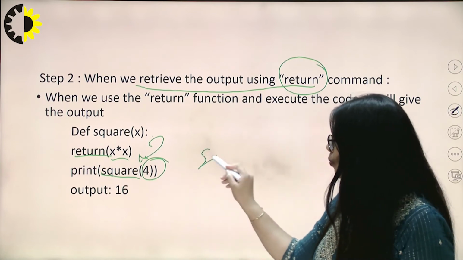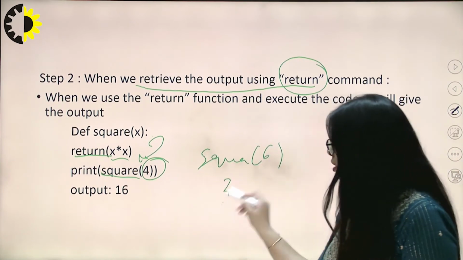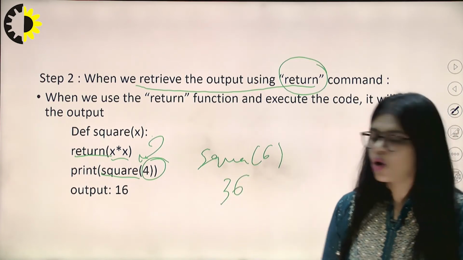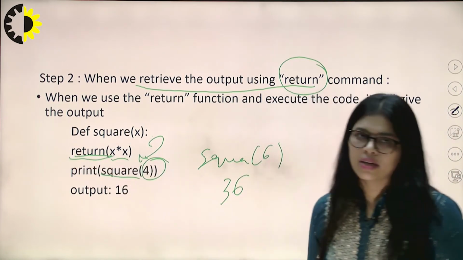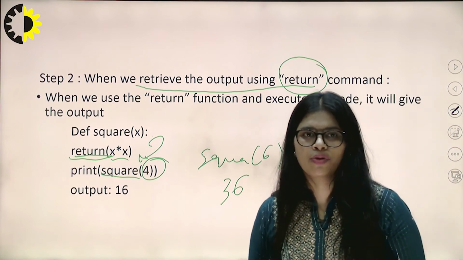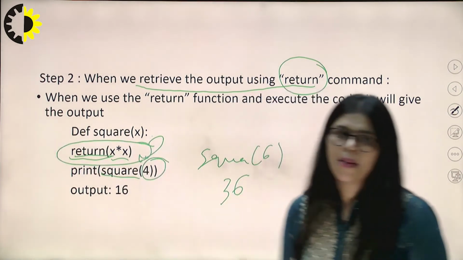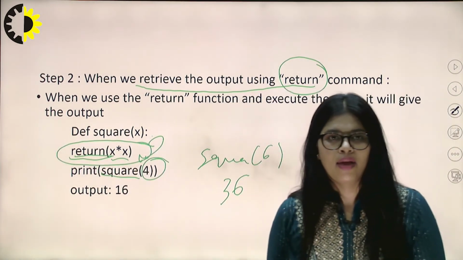Like if I want to print the square of 6, the output will be 36. Because we use return of x, it will directly return the value we use. So the use of return is mandatory for returning the value.